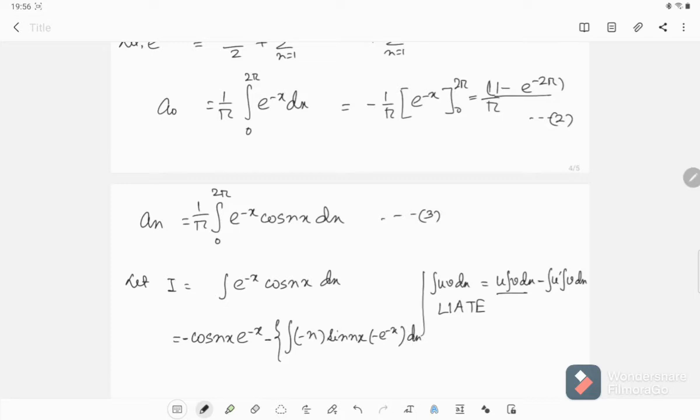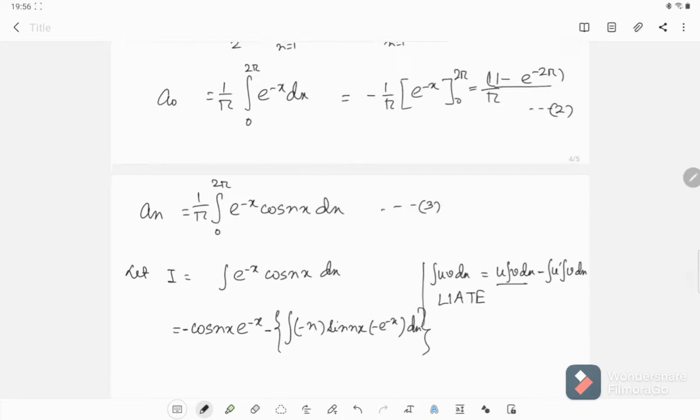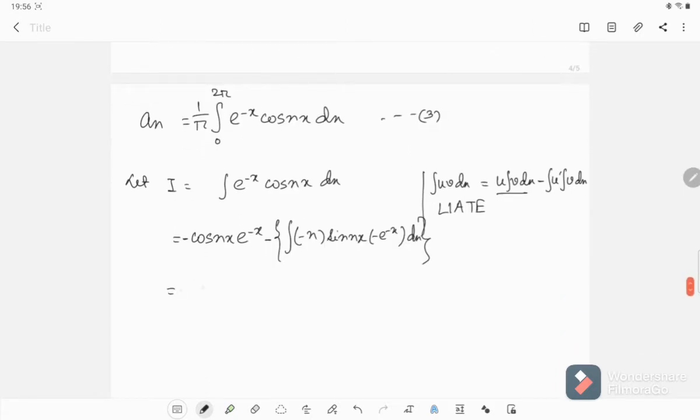So signs are really important here. If I make a mistake, then later we will face some real problem. So we are getting ultimately negative sign. So I am getting n times the integral of sine nx e to the power minus x dx.